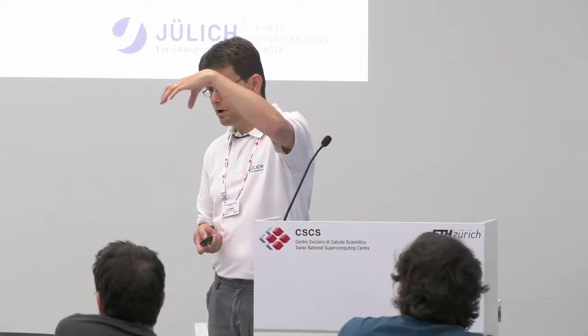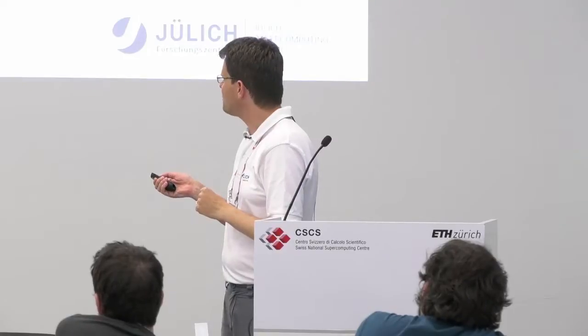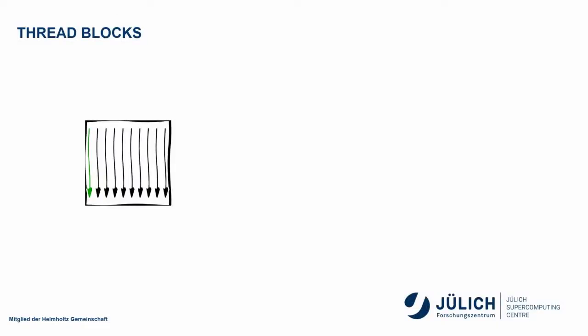A thread block will be scheduled on one of these streaming multiprocessors and will stay there. So it's pinned to one of the streaming multiprocessors. That means that all the threads that live within this thread block actually can share memory, share a local fast storage called shared memory. They can easily be synchronized. It is possible in the meantime to synchronize across thread block boundaries, but this is the easiest and fastest one.